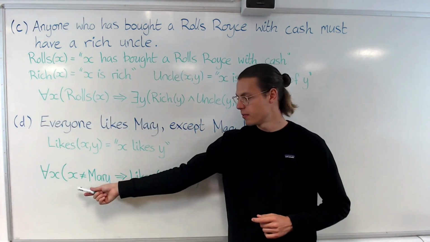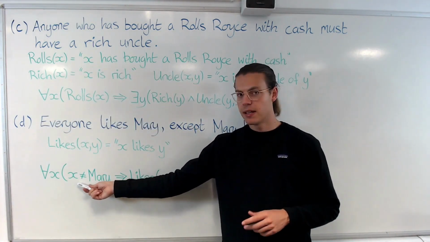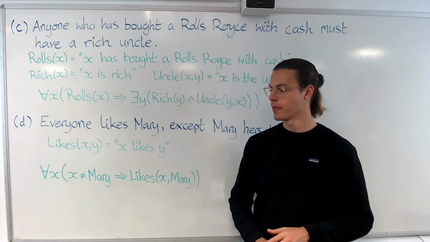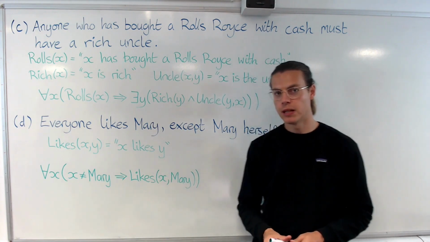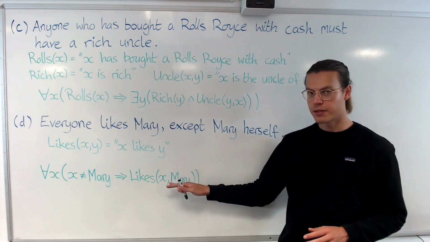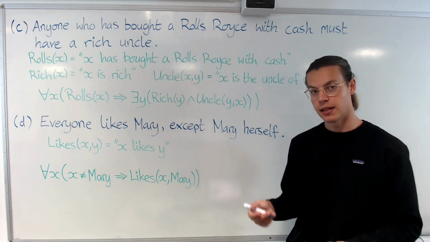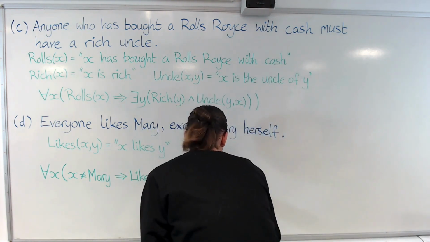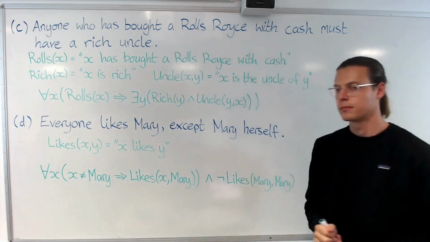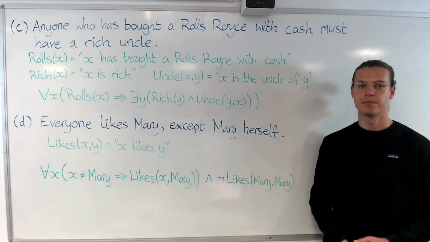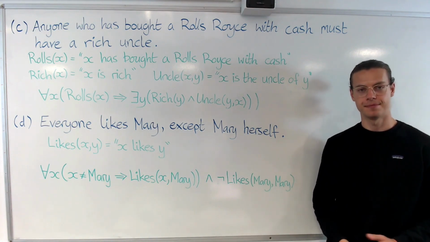For any person, if that person is not Mary, then the person likes Mary. But we're not done there. We need to add, this is true, and Mary does not like herself, and not Likes(Mary, Mary). And we're done.